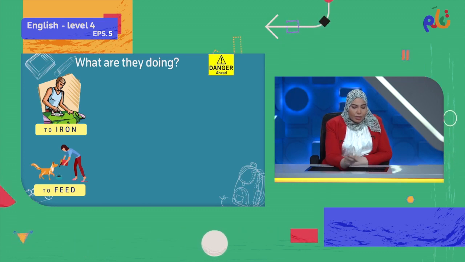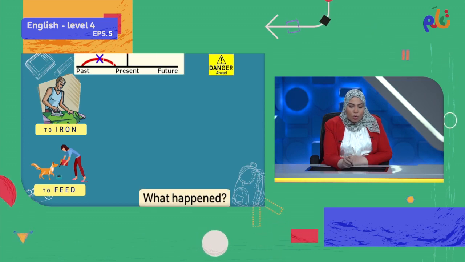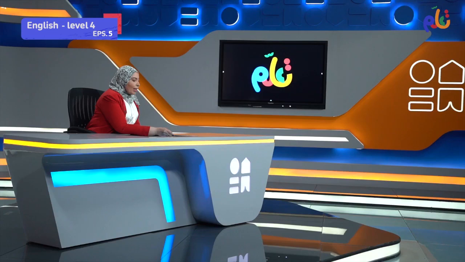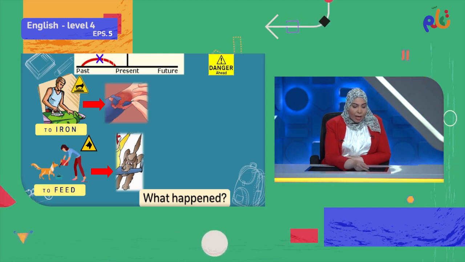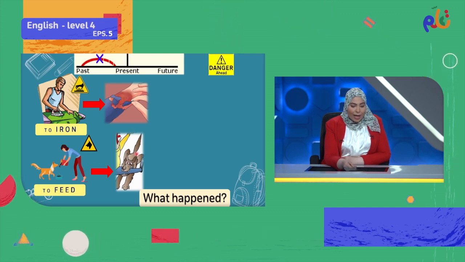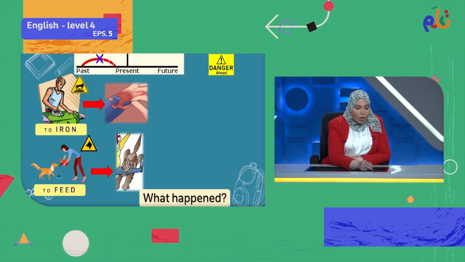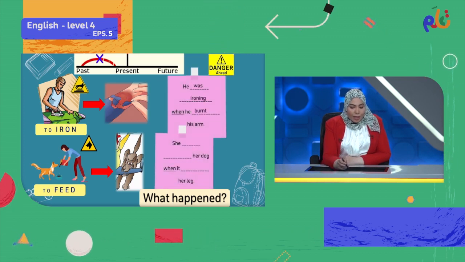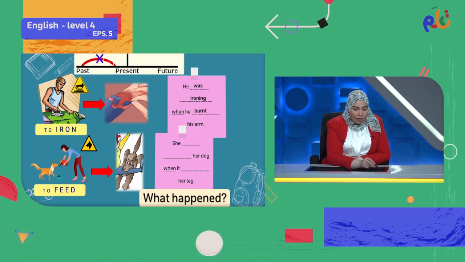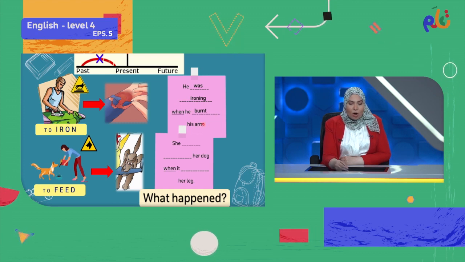What dangers do you think might happen to them? So what happened? Here we have iron. What's the problem? Burn. Yeah, so here we have a burn. And here we have feed. And what happened? It's a bite. So let's together look at what happened exactly. So he was ironing when he burnt his arm.